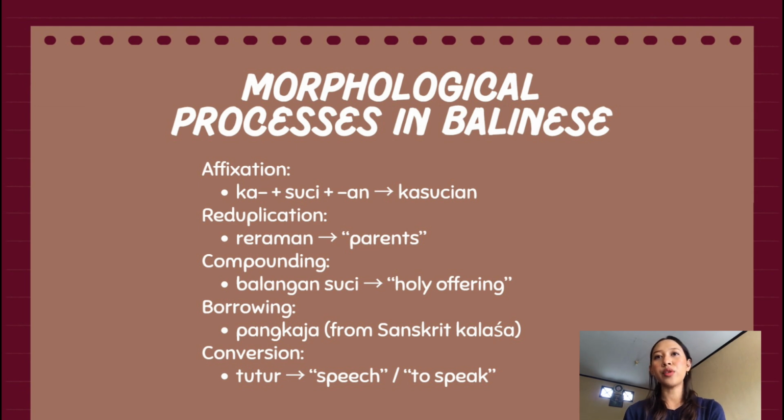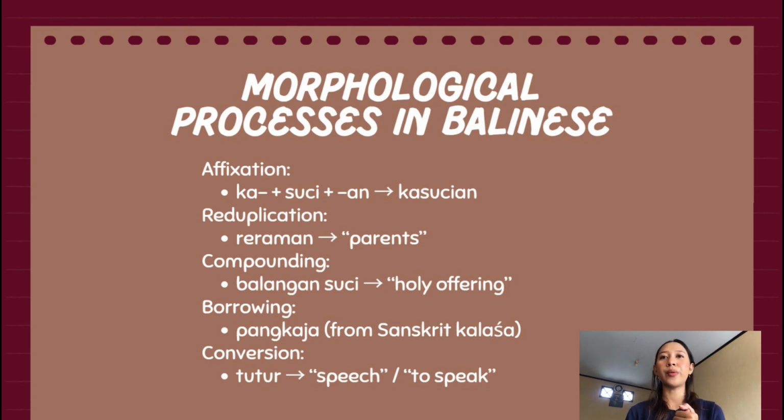So next, let's move to the morphological processes. Balinese morphology includes several processes. First is affixation, which is the most common, for example, ka and an in kasucian. Second, reduplication, such as raraman, which means uncle. Third is compounding, like balangan suci, meaning holy offering.